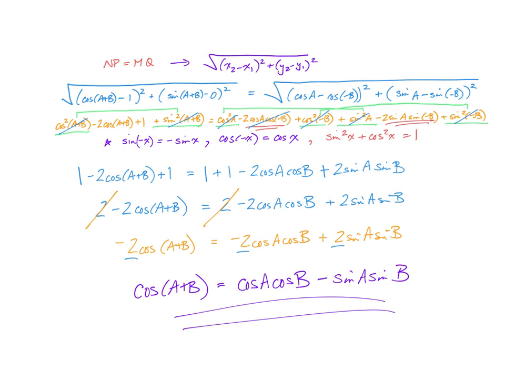And I would absolutely hope that we are good with everything you see on the current screen. That's us using length of a line segment, some grade 11 identity, some grade 12 new identities, and all of our algebra skills to be able to go through and prove that the cos of A plus B is equal to cos A cos B minus sine A sine B.